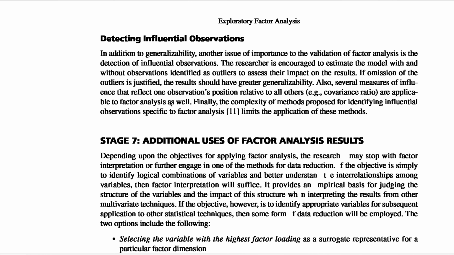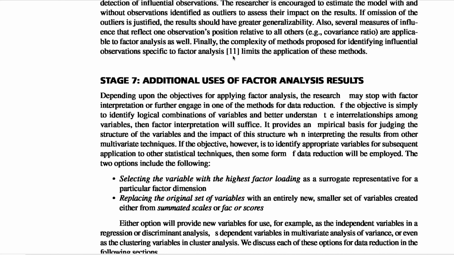Let's talk about stage 7, that is, additional uses of factor analysis results. Depending upon the objective for applying factor analysis, the researcher may stop with factor interpretation or further engage in one of the methods for data reduction. If the objective is simply to identify logical combinations of variables and better understand the interrelationships among the variables, then factor interpretation will suffice.